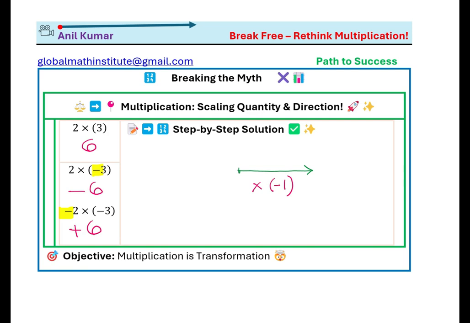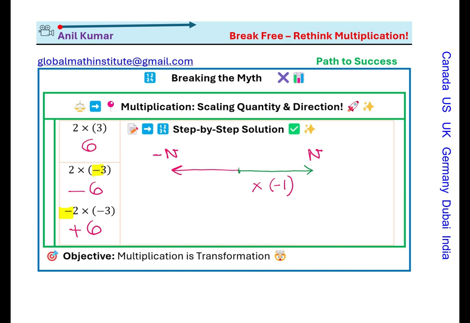So it becomes kind of flipped like this. And so it gets a negative value. You understand? If the number here is n, it becomes minus n. So that is what it is. 6 became minus 6. And once again, when we multiplied by negative, it became plus 6.